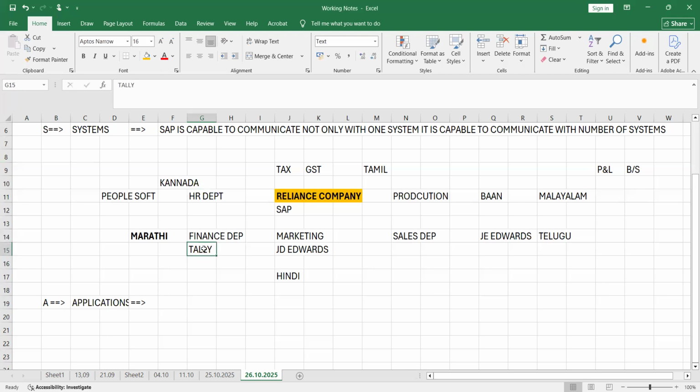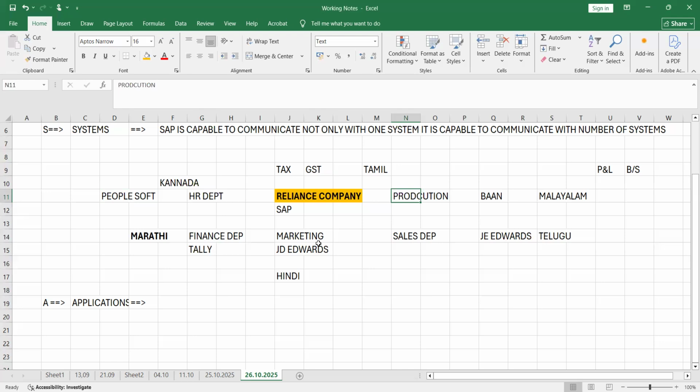GST can be used only for tax solutions, and BAN can be used for the production department, and JD Edwards only for the sales and marketing department. So if I have n number of departments, then I need to use different software. Oracle Financials I need to use only for finance solutions.